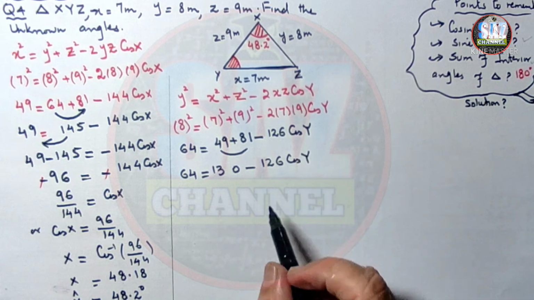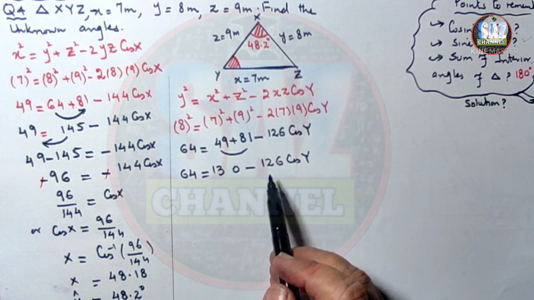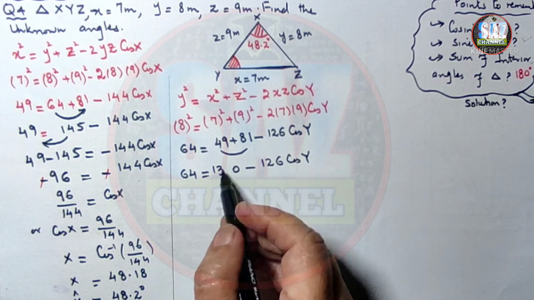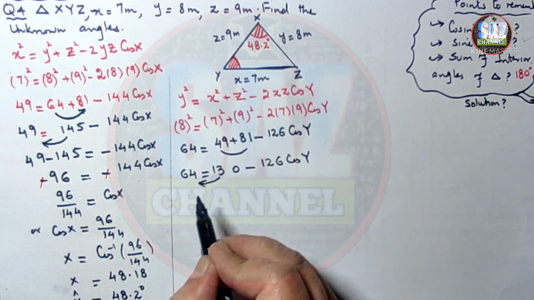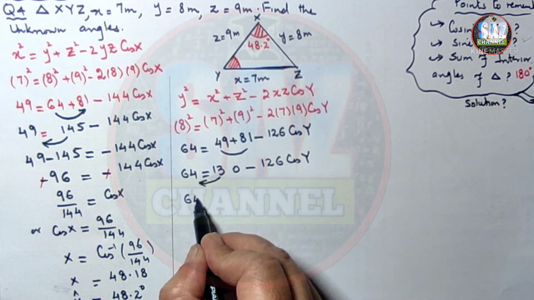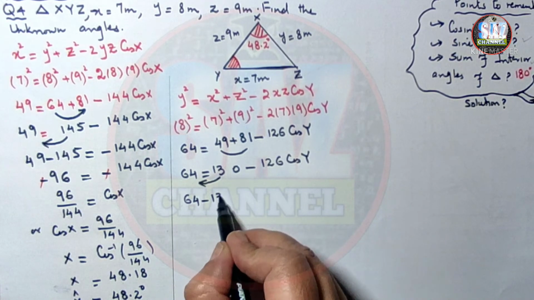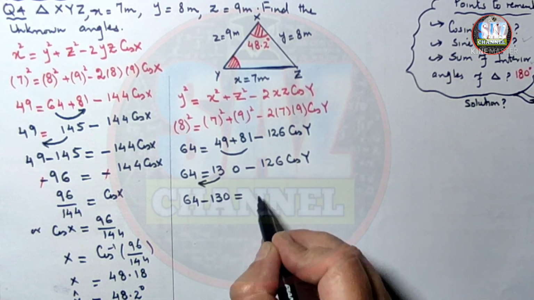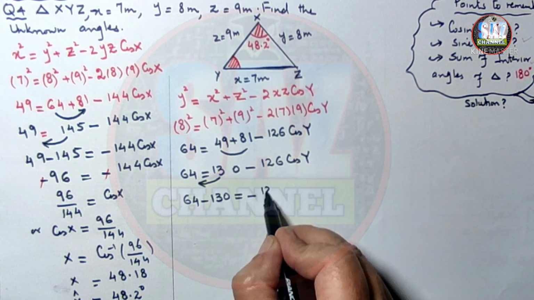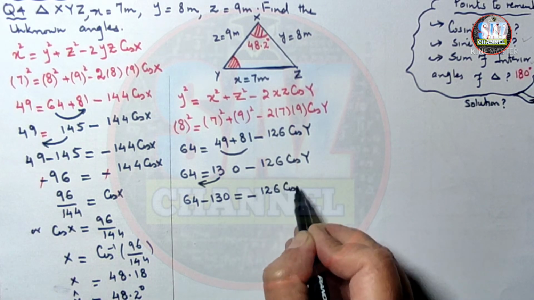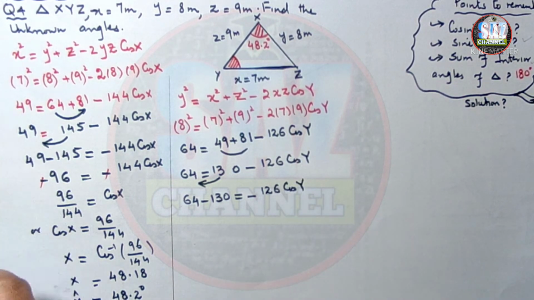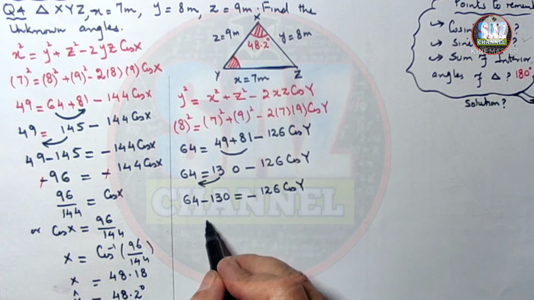Now again be careful, I cannot solve 130 with 126. First shift this 130 to the other side. 64 minus 130 equals minus 126 cos y. Take away 64 from 130 and this gives me 66.